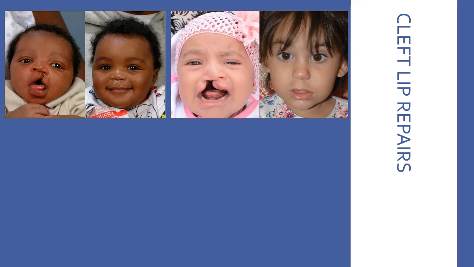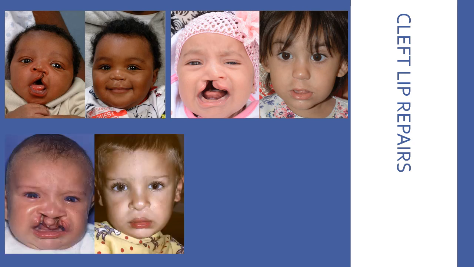This is a somewhat more classic cleft in that it extends all the way up to the nostril, and almost certainly includes the palate. This one happens to be right-sided, although they are usually left-sided, and again, the repair is very, very good. Then the bilateral cleft. You can kind of see it with this one, although if you get on the internet and look up cleft lip and palate, you'll see lots of different pictures of these.